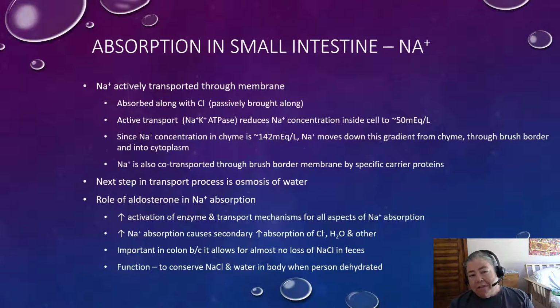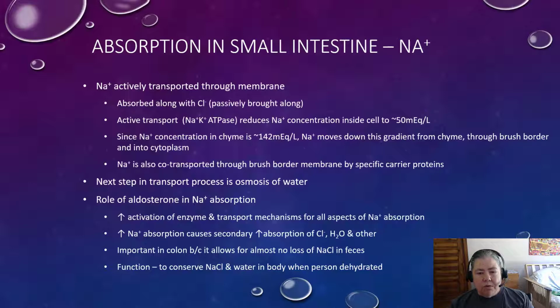Water follows sodium, and it's important to recognize that aldosterone, and we've talked about the action of aldosterone in the kidney, but aldosterone is also acting in the intestine to improve sodium and water absorption, to conserve sodium and water when a person's dehydrated.